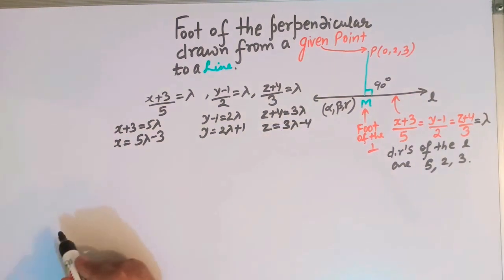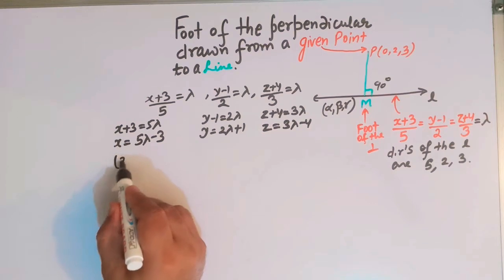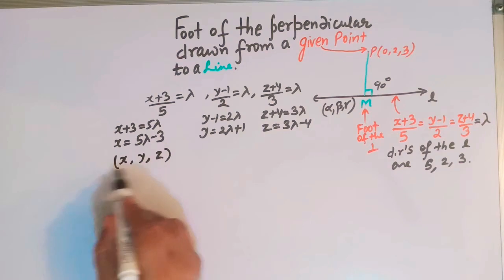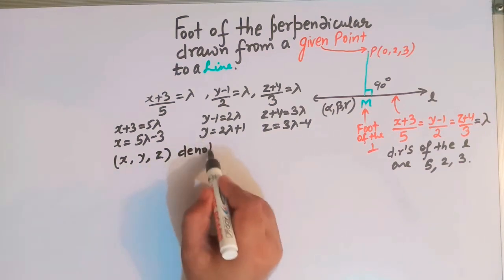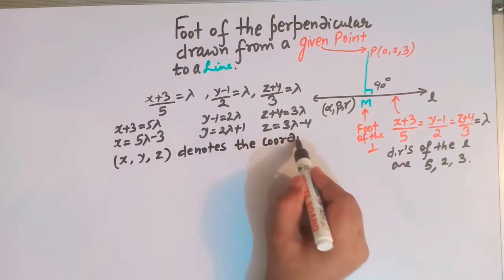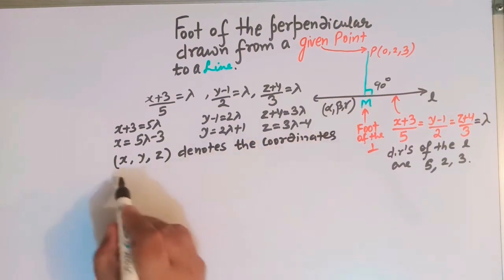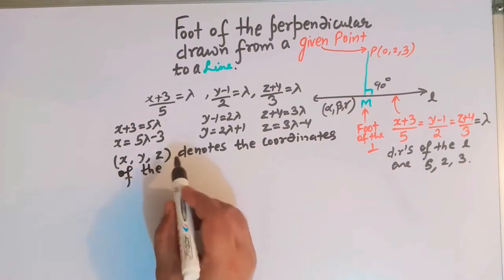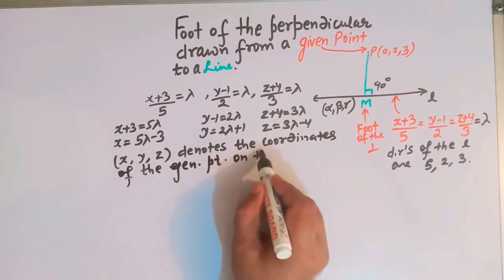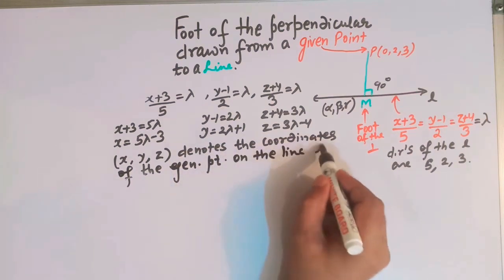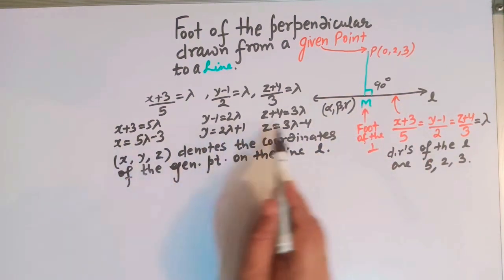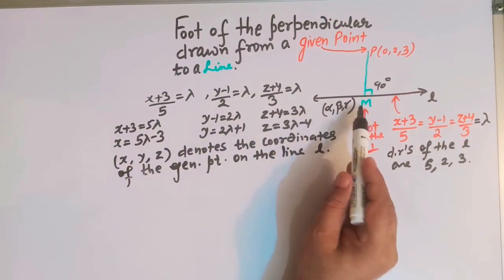Now viewers, here these points, that is x, y and z, denote the coordinates of the general point on the line L, right? And say this point is represented by this point M, right?